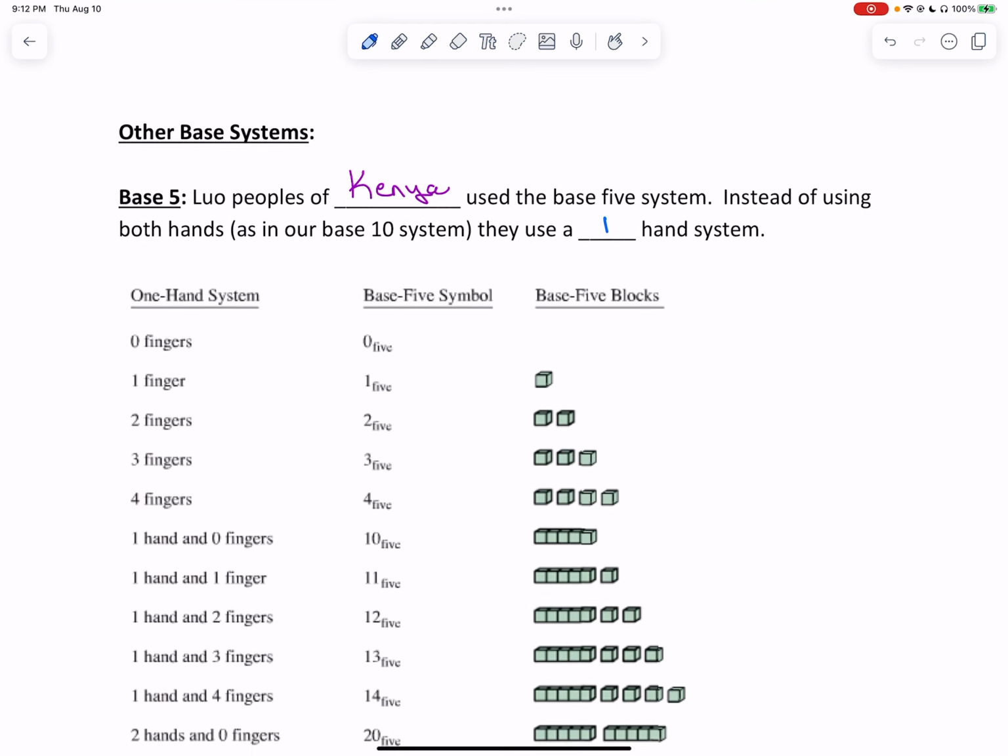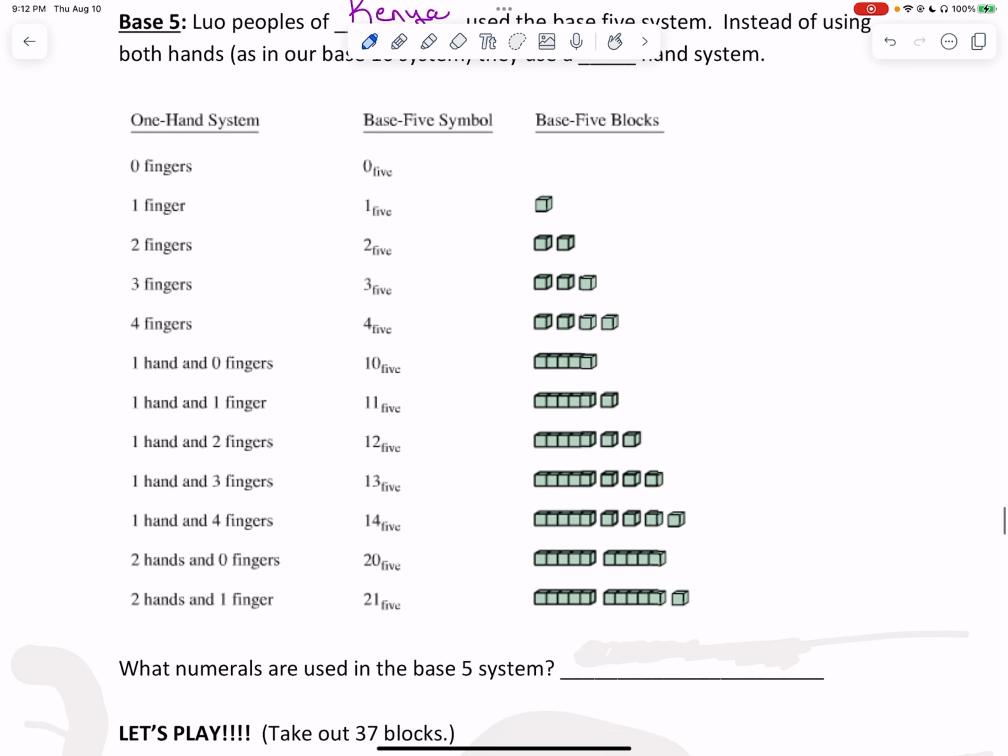I want to show you what it looks like. Here is your 1 finger, 2 fingers, 3 fingers, 4 fingers. That's just like our base 10. But now you've got 1 hand and 0 fingers. Notice what this looks like.